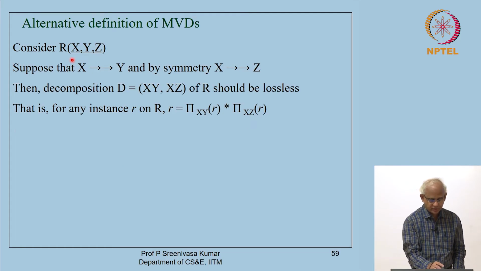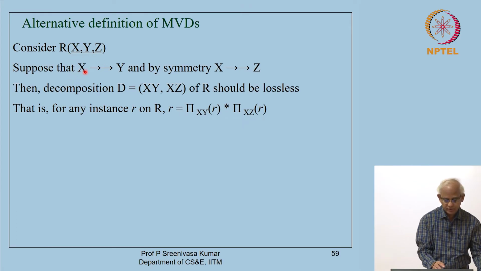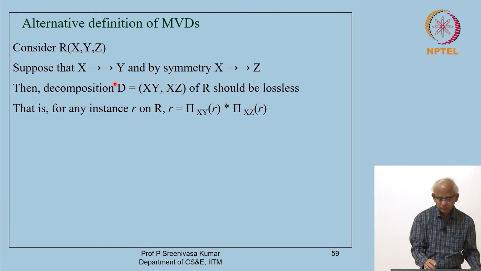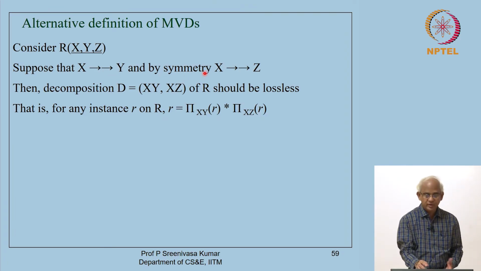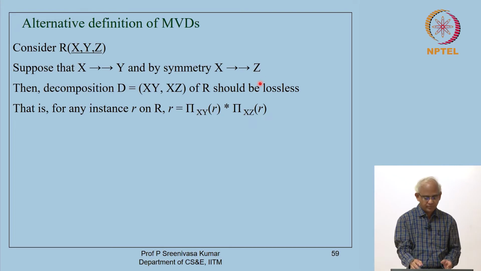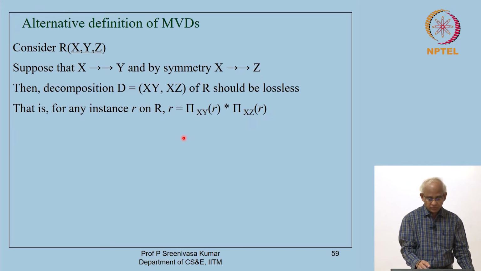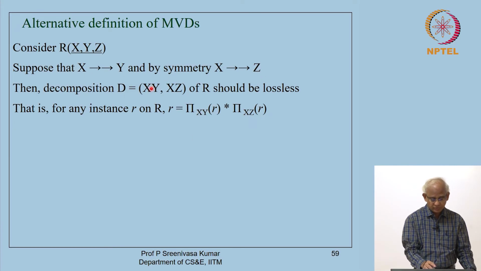Okay. So, let us again consider some relation like this, x, y, z, and let us suppose that x multi-determines y. Then by symmetry we know that x multi-determines z. Now, you can actually say that x multi-determines y exists in terms of this decomposition.